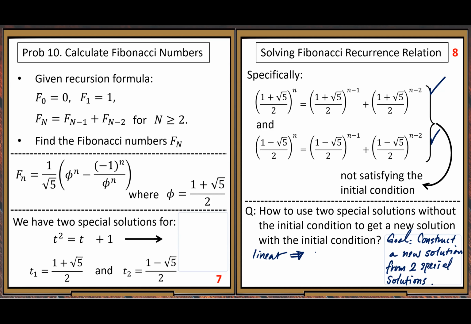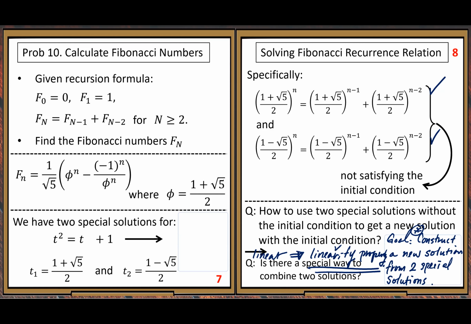Linear gives us the property called the linearity property. We want to take advantage of the linearity property to do the construction. How?